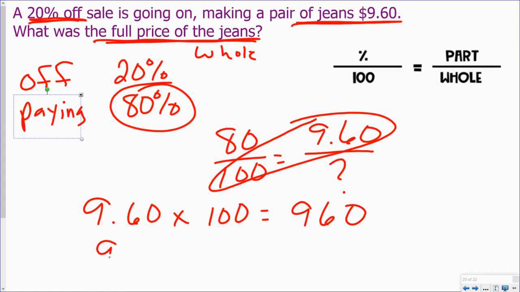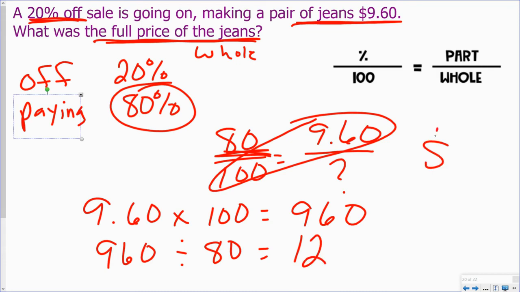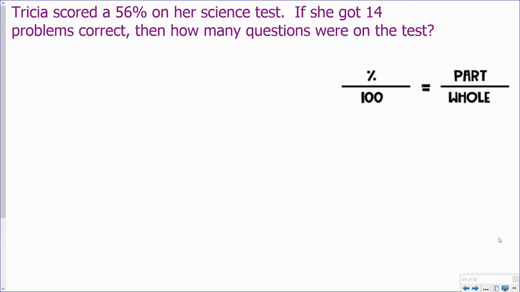And then I take 960, divide it by my 80, and that gets me a total of 12. And so the jeans on full price were $12.